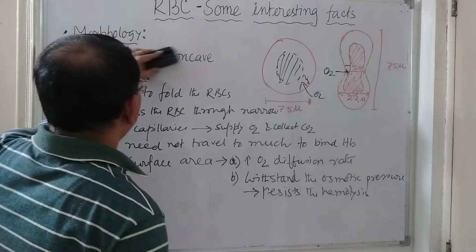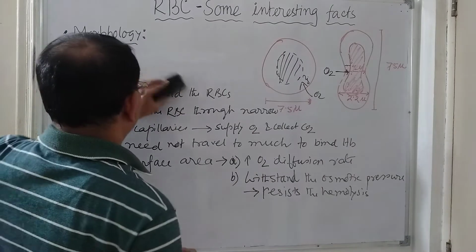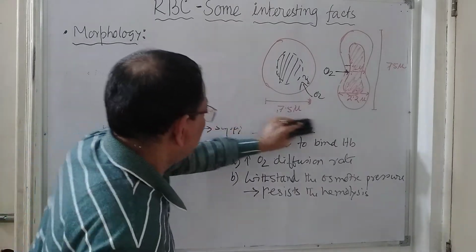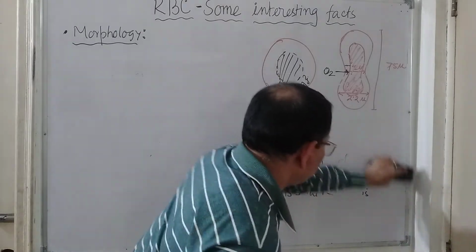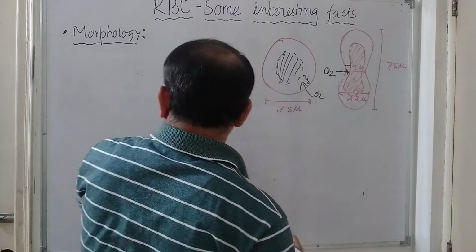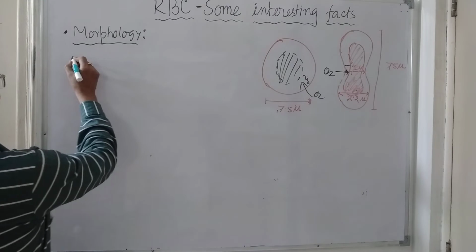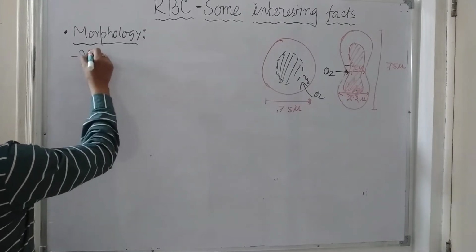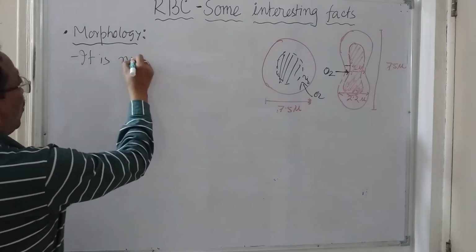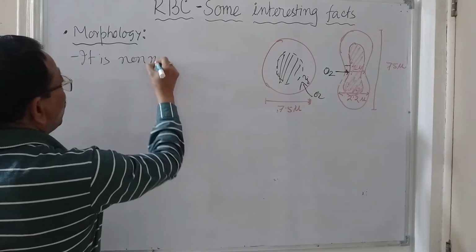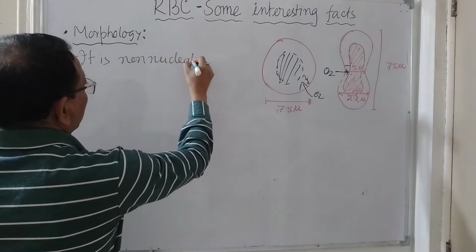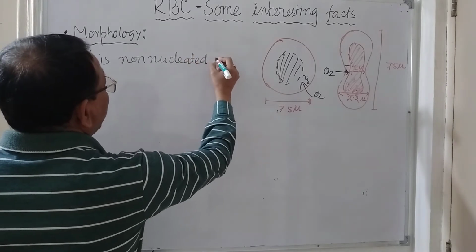The second interesting fact regarding the morphology of the RBC is that it is non-nucleated. There is no nucleus within it, and it is without any cell organelles.